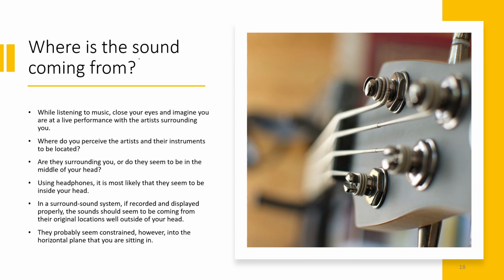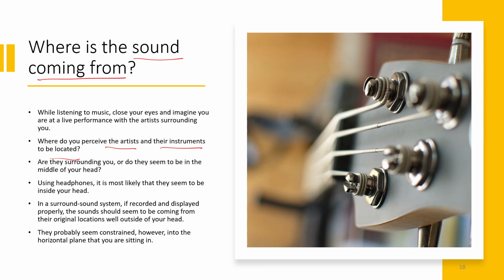An interesting thing as well, as we have been talking about, is where the sound is coming from. Let us consider when you are listening to music, you may close your eyes and imagine that you are at a live performance with the artists surrounding you. Where do you perceive these artists and their instruments to be located? Does it come from the stage or from some other aural displays around you?